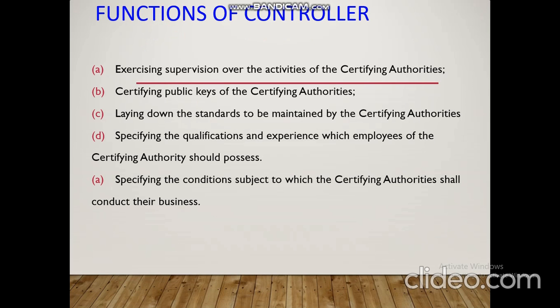Other functions of the controller are to certify the public keys of certifying authorities, lay down the standards to be maintained by the certifying authorities, specify the qualifications and experience which employees of the certifying authority should possess, and specify the conditions subject to which the certifying authorities shall conduct their business, and many more.